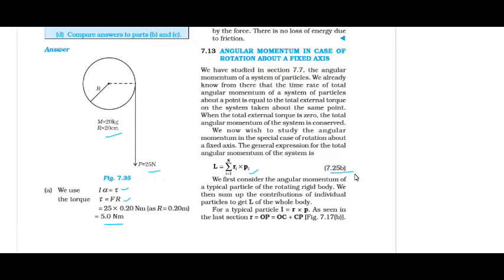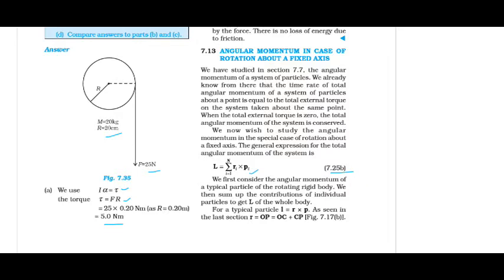We then sum up the contributions of individual particles to get L for the whole body. For the typical particle, l is equal to r cross p, as seen in the last section. r is equal to OP is equal to OC plus CP.